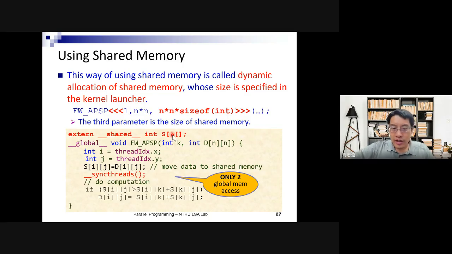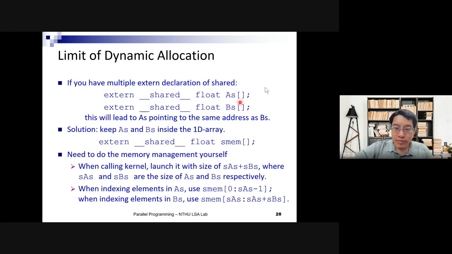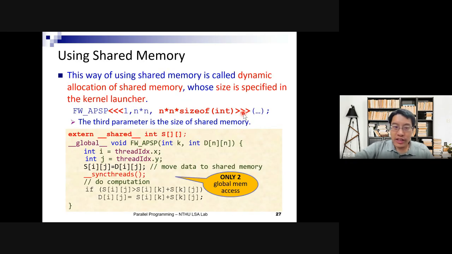Why is that? So for example, you have A and B, or even C, but no matter how many variables you declare, all of them point to exactly the same address. The reason is that for dynamic allocation, the size is predetermined, and this size doesn't specify which variable it is for. In fact, it's for all the variables.